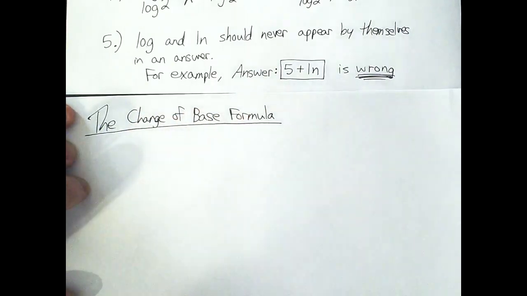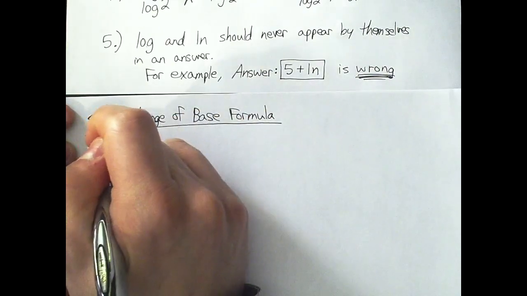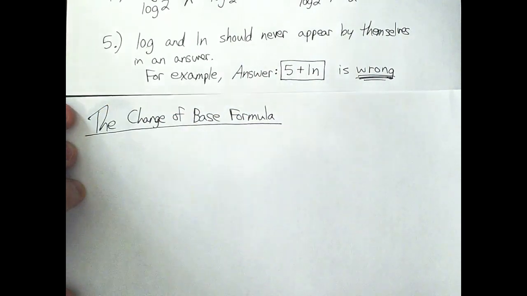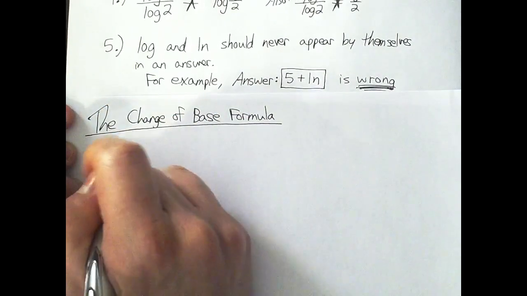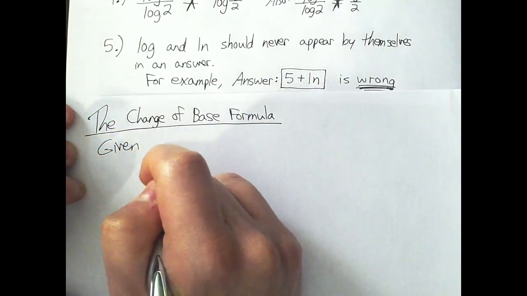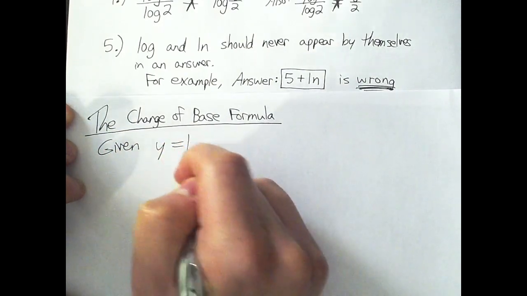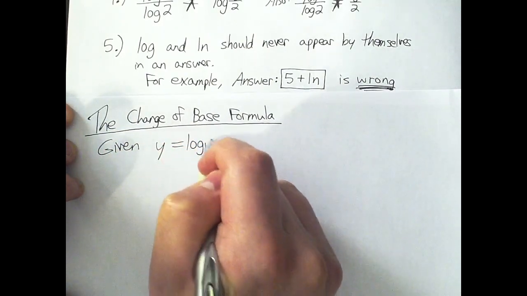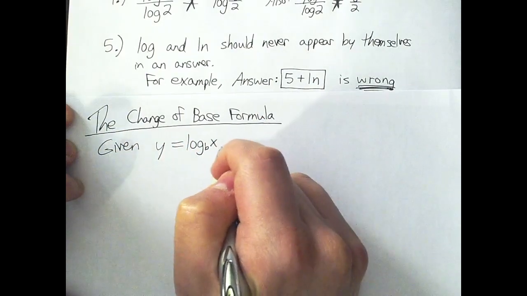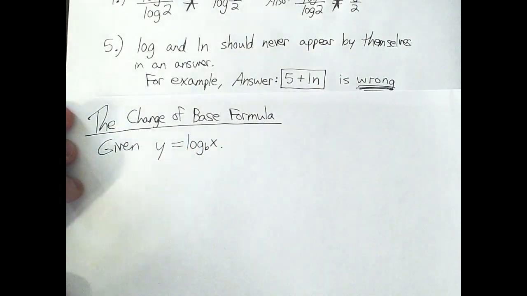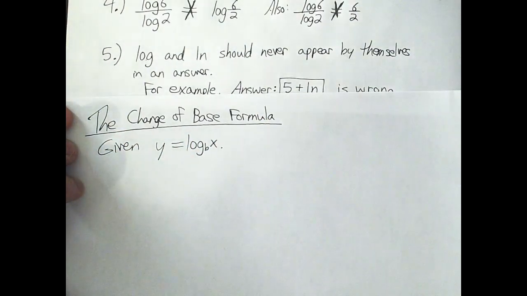And we're going to derive, this is going to be another formula, and we're going to derive it. So first of all, let's say we're given y equals log base b of x. You know that typically we've been working with a base that's called a. In this little discussion, I'm working with a base that's called b.